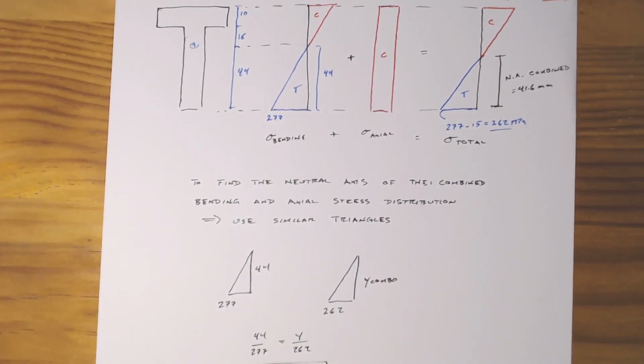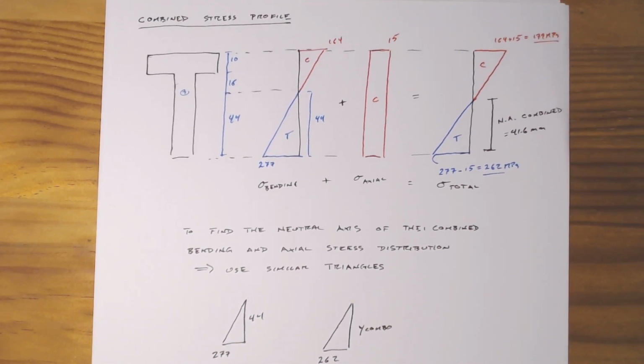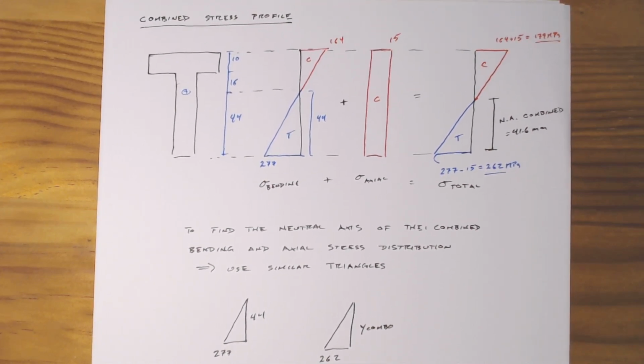The only somewhat tricky bit is working out what our neutral axis is. But because we've got linear stress distributions, we can use the principle of similar triangles to get us there. So I hope that you found that pretty straightforward and something which will be useful for you going forward. So with that, thanks for watching.